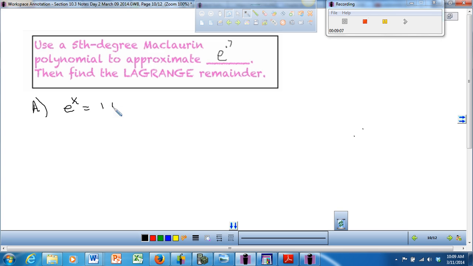It's 1 plus x, plus x squared over 2 factorial, plus x cubed over 3 factorial, plus x to the 4th over 4 factorial, plus x to the 5th over 5 factorial. Why do I go out to the 5th? Because it told me to go out to the 5th degree. So that's as far as I need to go.